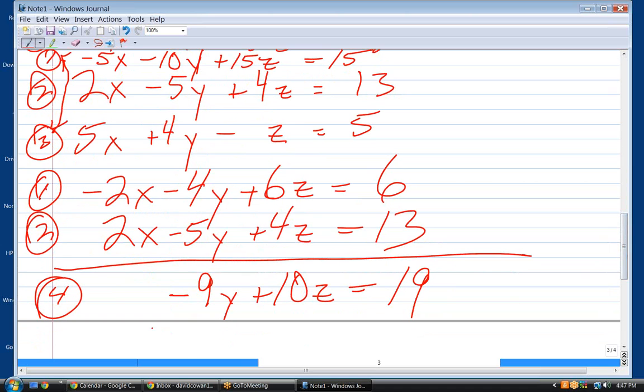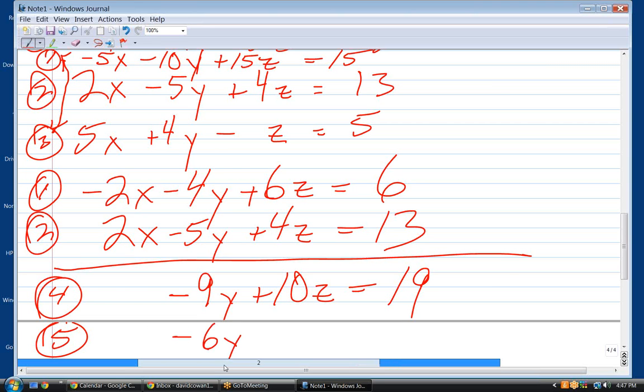Okay, so I'm going to have equation 5, and it's going to be the sum of 1 and 3, my new one. Okay, so when I add minus 5x to 5x, no x's. I got minus 10y plus 4y, that's a minus 6y. And I've got plus 15z minus 1z, that's plus 14z.